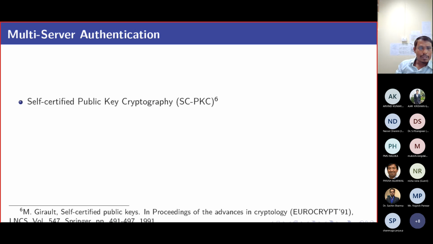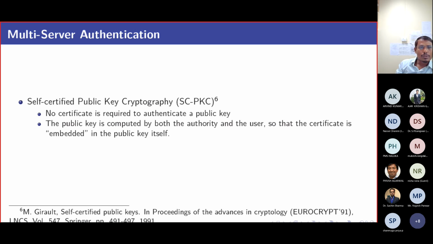The self-certified public key cryptography was designed by Girault in 1991. This is quite an old system, but it is not as popular as IBC or certificate-less. But this is also an alternative to CAPKC and IBC. Here no certificate is required, like IBC. But what is the advantage?